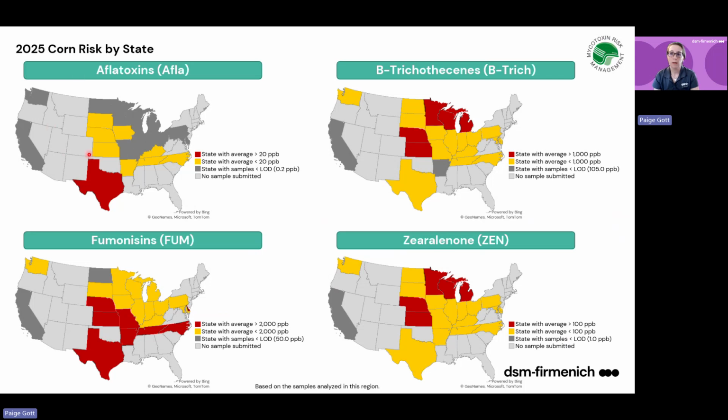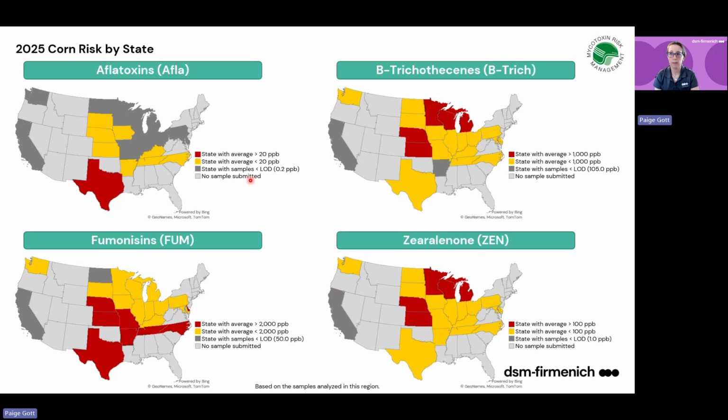And then the yellow versus red designations vary map to map as to what the concentration threshold is, but the yellow shaded states are on average below a certain toxin concentration for that type of mycotoxin, and then the red shaded states are on average above a certain threshold, which is represented in the keys for each of the maps.